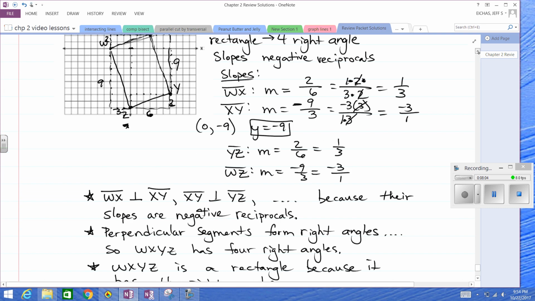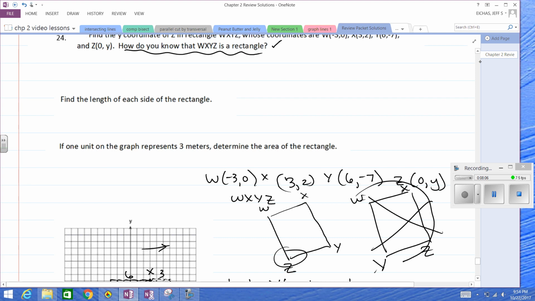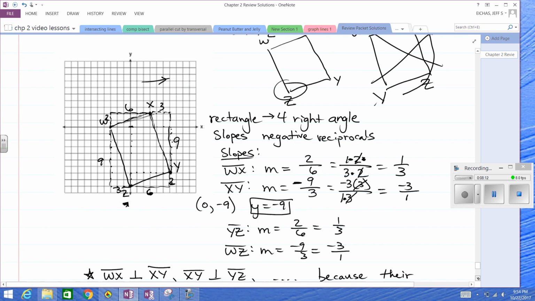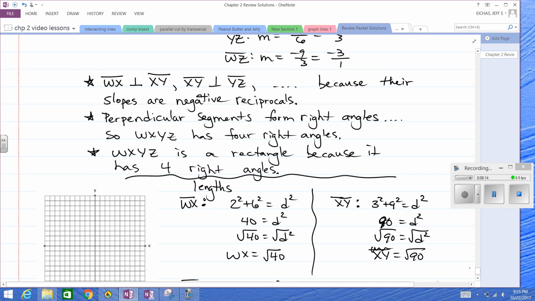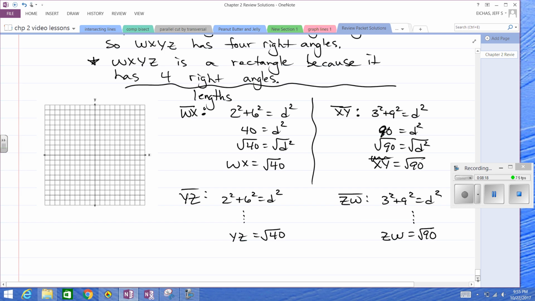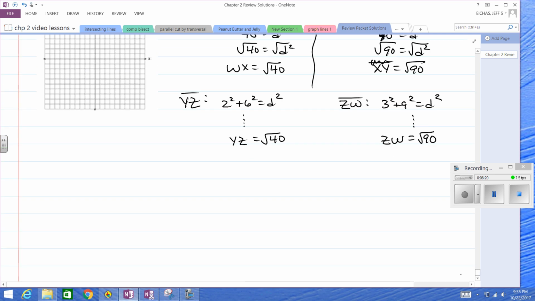All right. What's the next question? If one unit on the graph represents 3 meters, determine the area of the rectangle. It is a rectangle, so we don't have to box it in and add up all the triangles or anything like that. What we really do have is area of a rectangle's length times width. Okay. Now on the grid, it doesn't matter which one uses length or width, right?